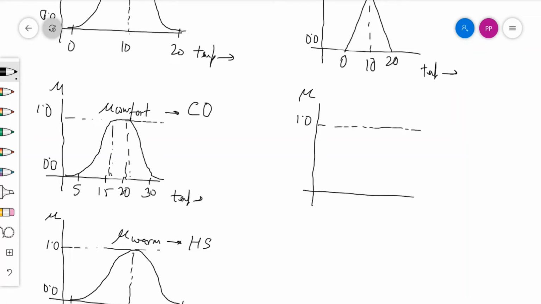So this is your, let us draw it as 5, then 5 plus 10 is 15, then 15 plus 5 is 20, then 20 plus 10 is your 30 like this.